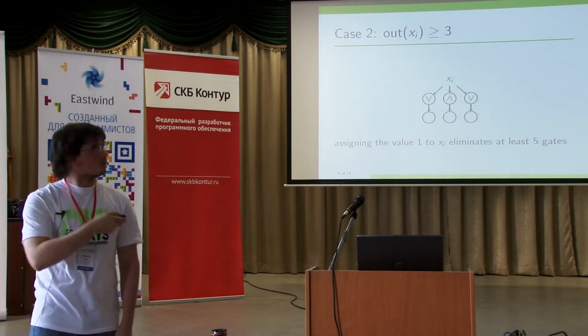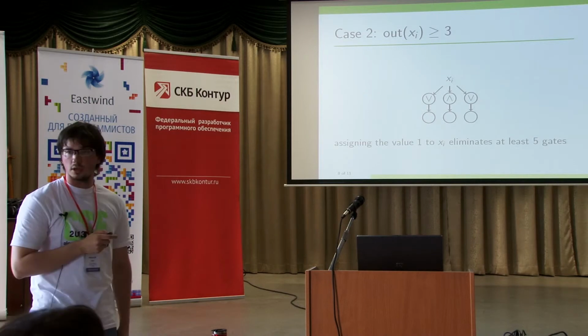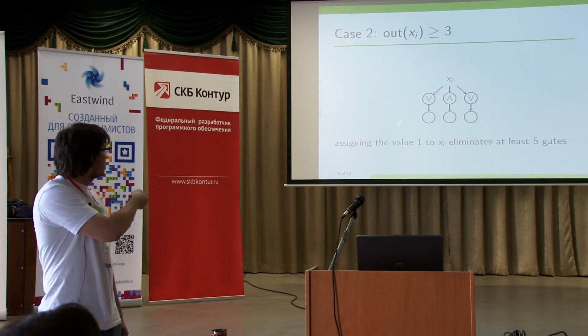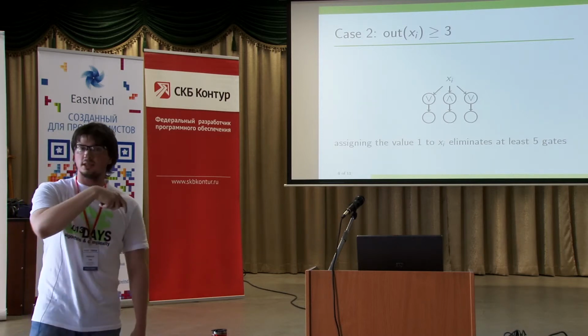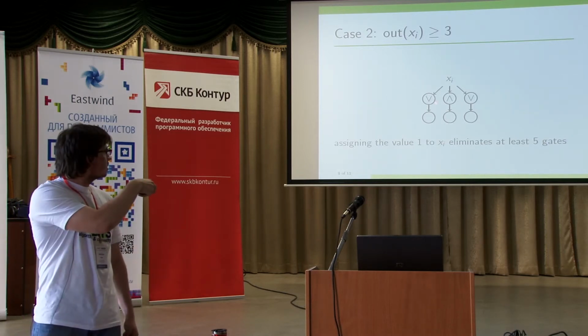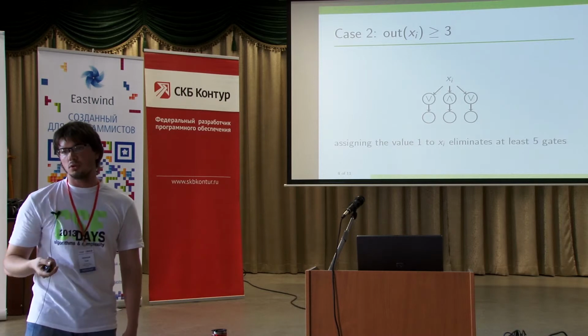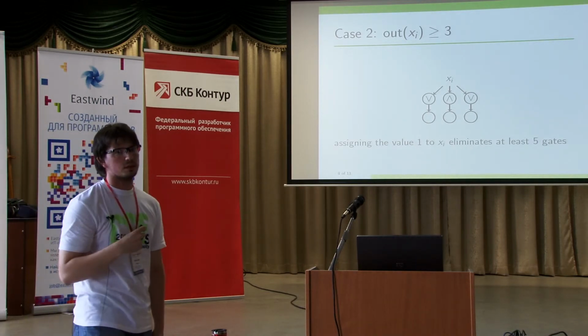Because if we substitute 1 to xe, then these two gates become constant, and the gates that were fed by these two become constant too. So we are killing five gates.